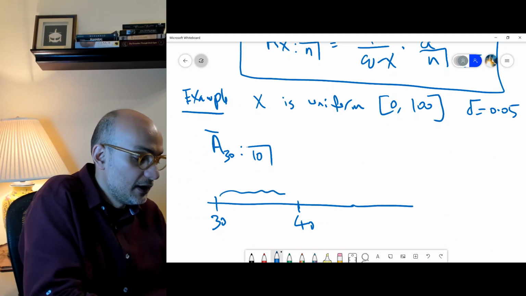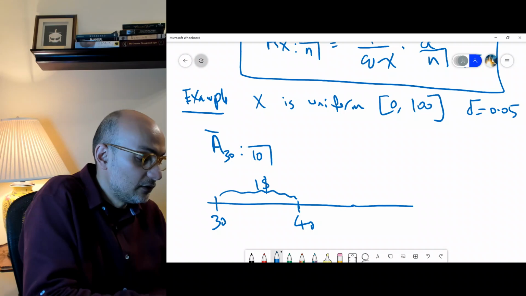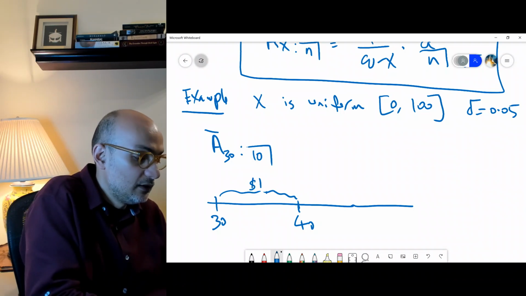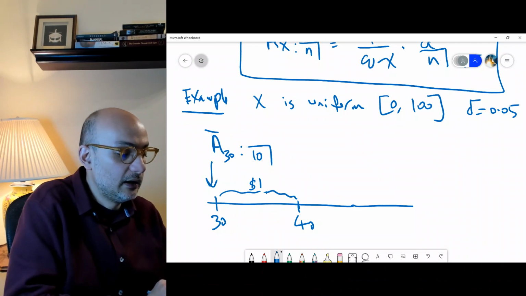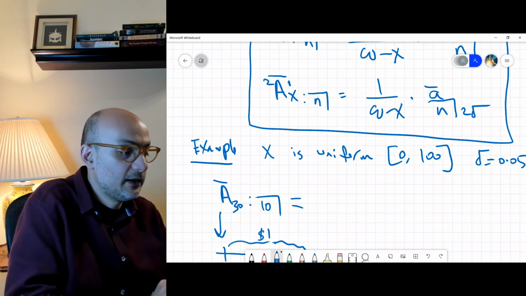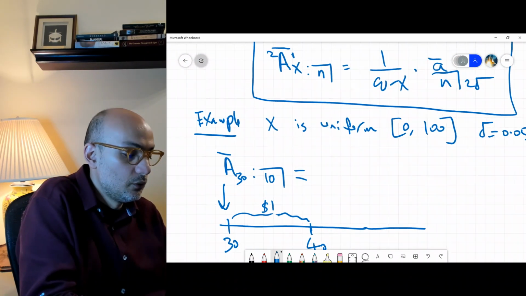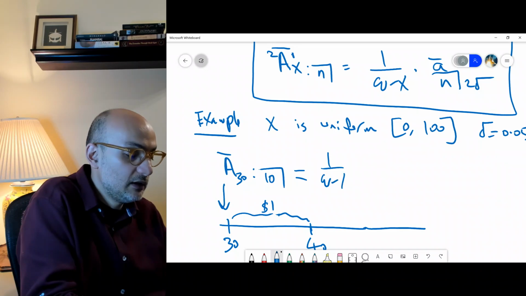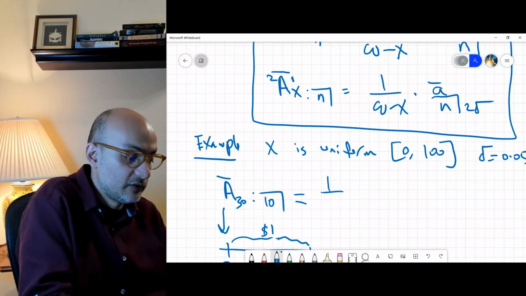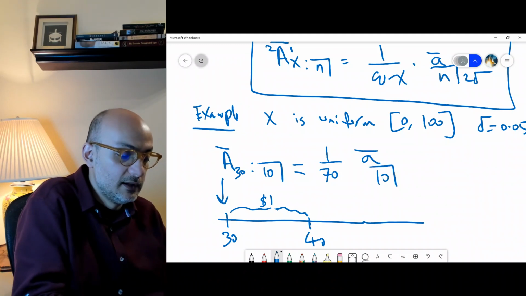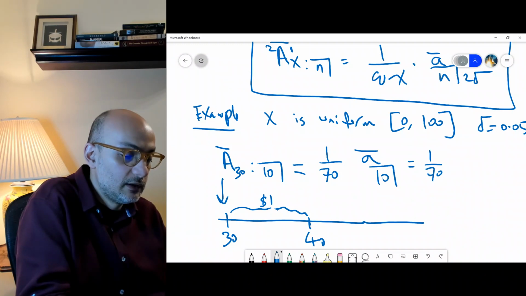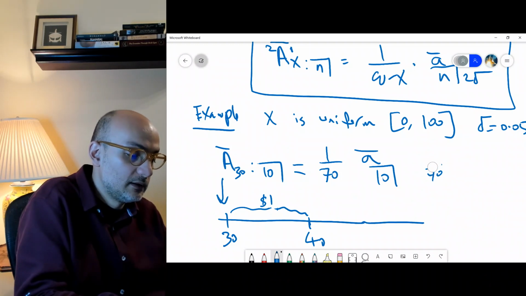There is $1 paid if death occurs anywhere here. So we need to look at this actuarial present value, and we can calculate it right away from the formula: 1 over omega minus x, which is 100 minus 30, which is 70, multiplied by ā 10.